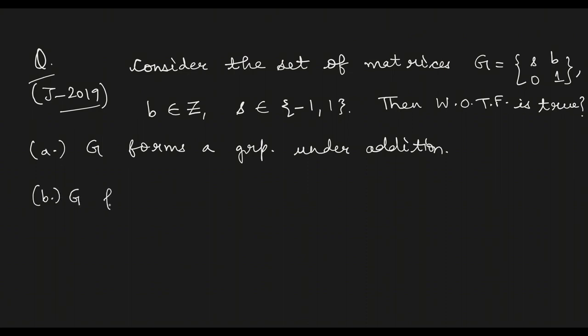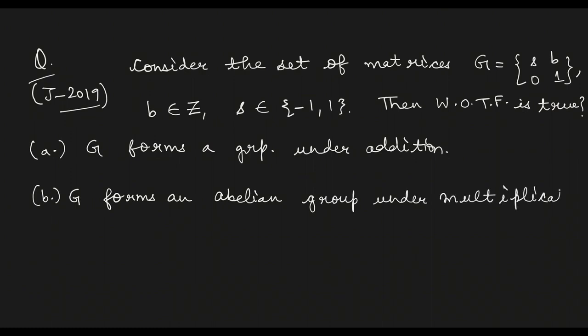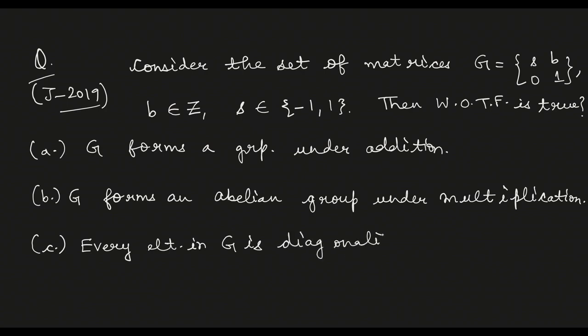B part, G forms an abelian group under multiplication. C part, every element in G is diagonalizable over complex. D part, G is a finitely generated group under multiplication.